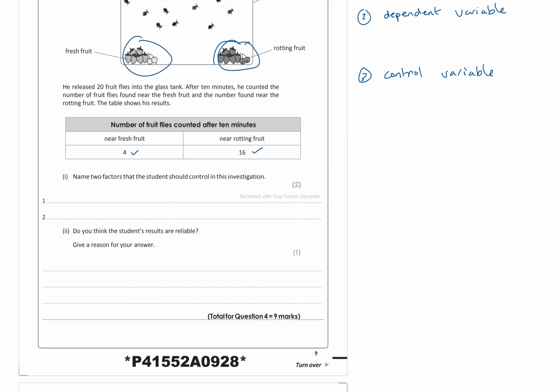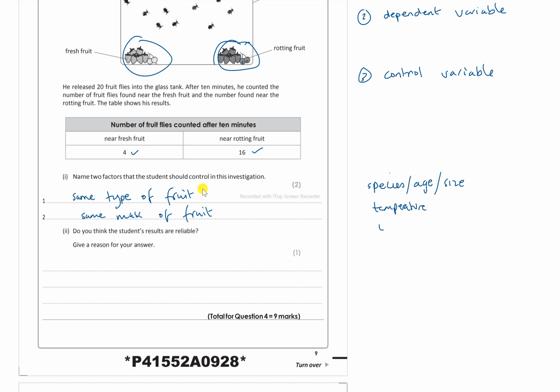So what should he have kept the same? He should have made sure that the same type of fruit, the same mass of fruit in each experiment, or even on this one, he should have made sure that the species of the flies were the same, but it's the species, the age, the size of the fly, etc. You should have made sure that the temperature was the same.